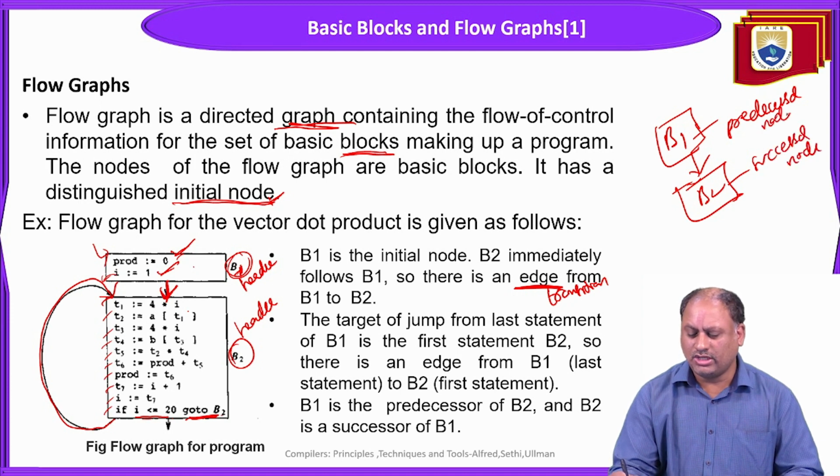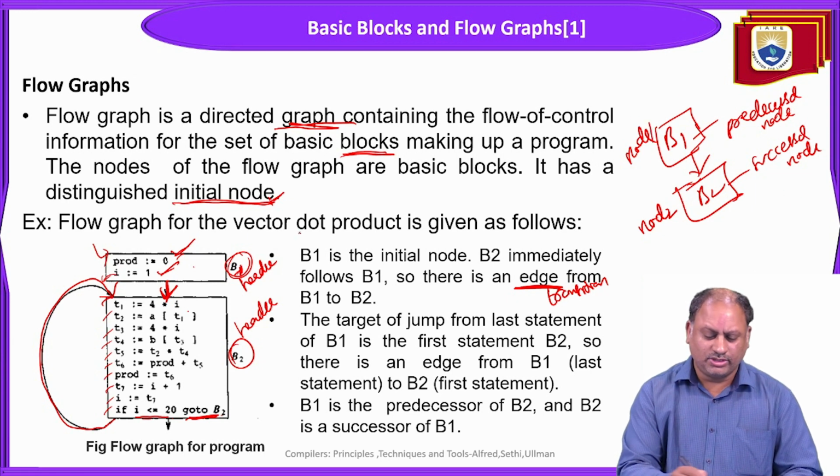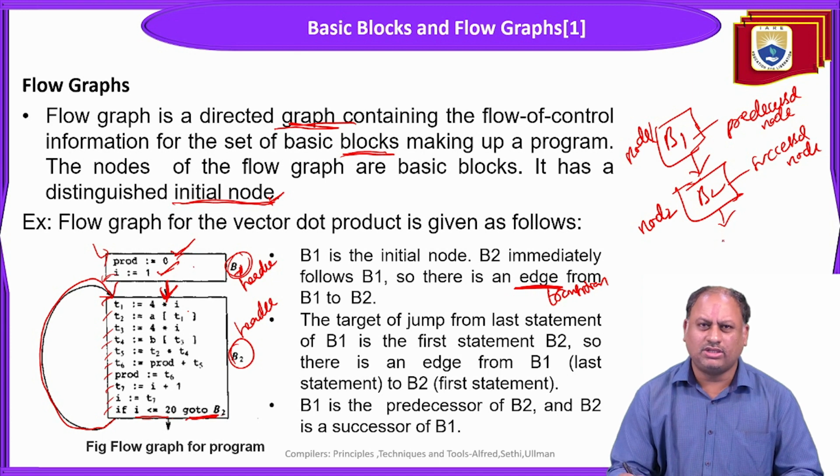These blocks are called nodes. This is one node, block B1, this is another node, block B2, and these nodes are represented in the flow graph.